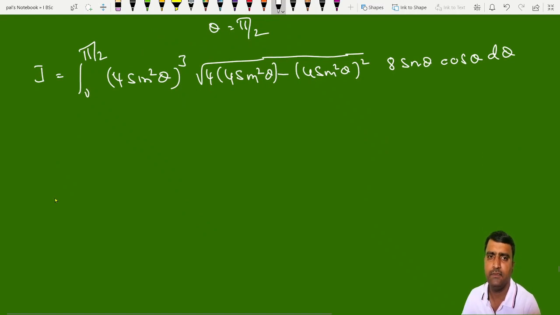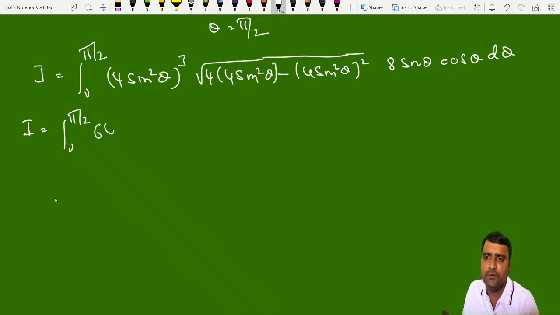Okay, so now integral I is equal to, from 0 to pi by 2, 4 cube, 4 into 4 into 4, 4 4s are 16, 16 4s are 64.